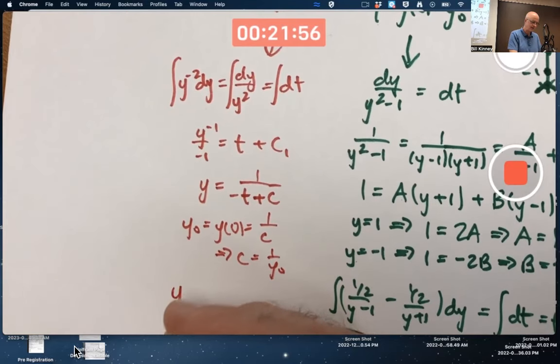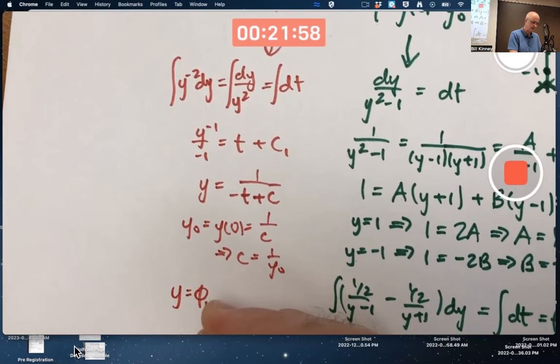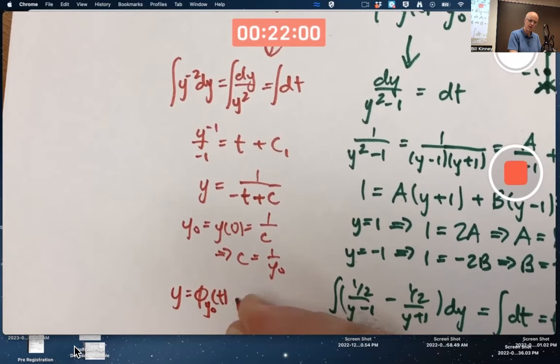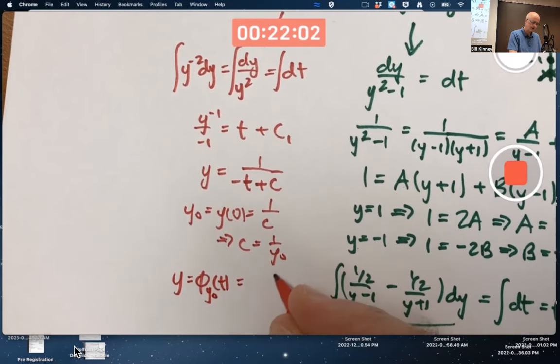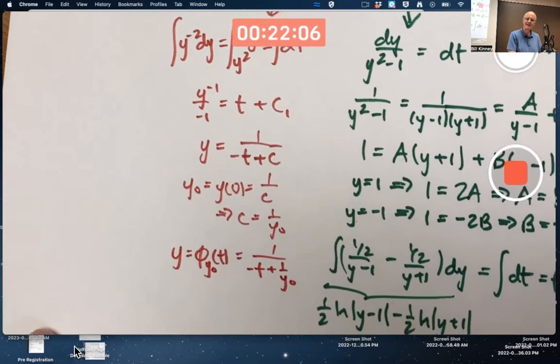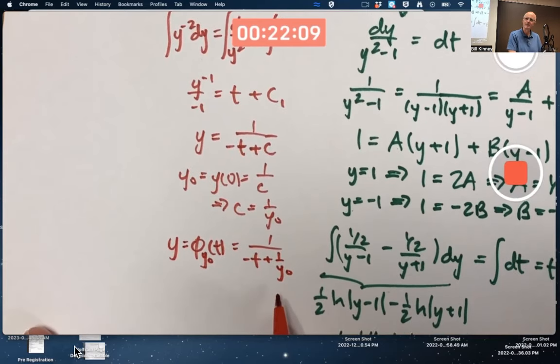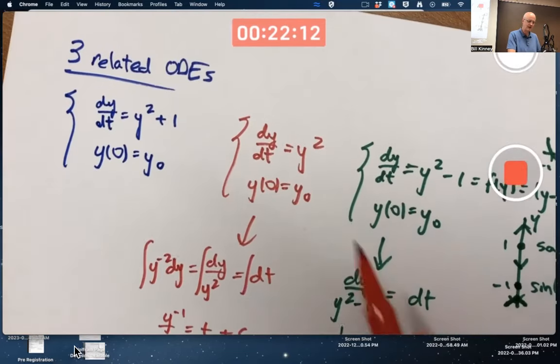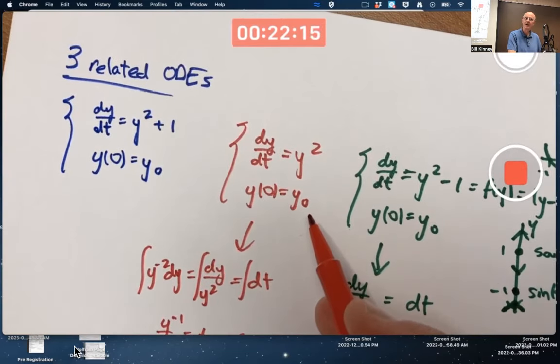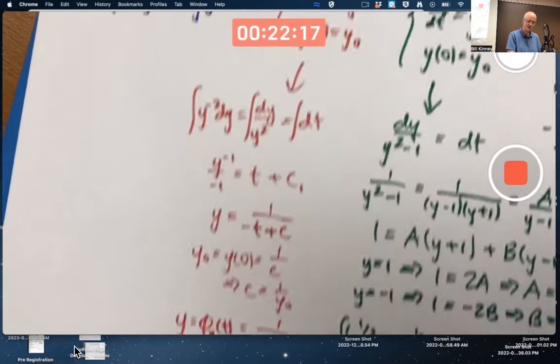But if I'm going to write the unique solution of a generic initial value problem using my phi notation, I could write this, though that doesn't include the equilibrium solution at y naught equals 0, because I'd be dividing by 0 there.